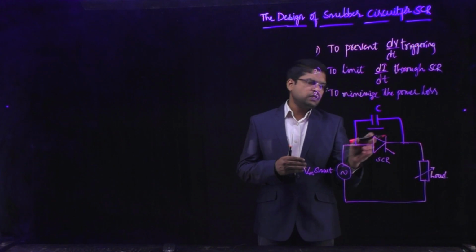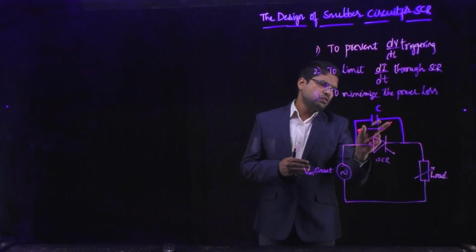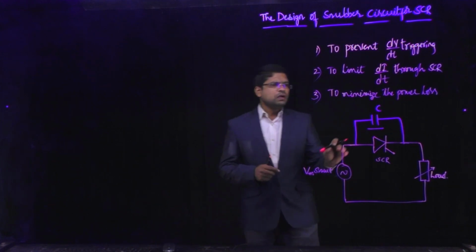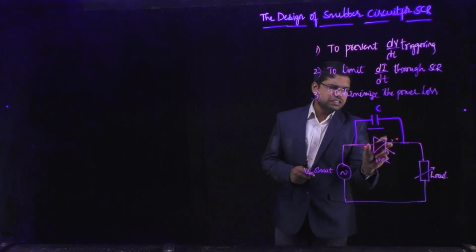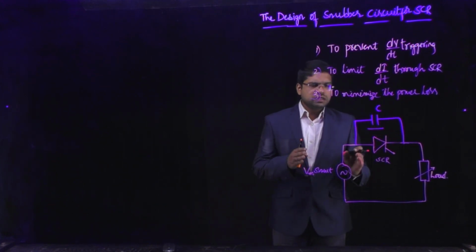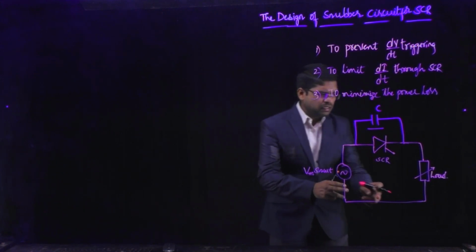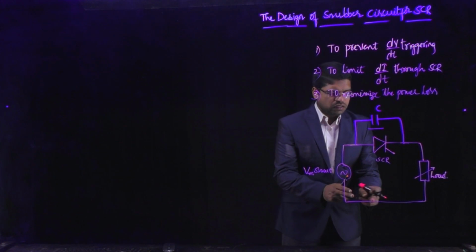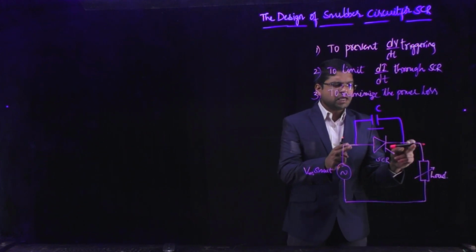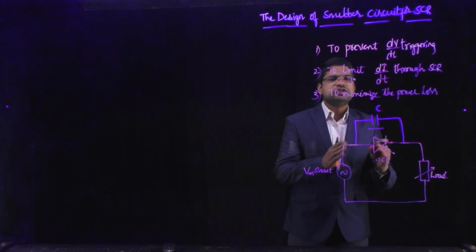So voltage is common to these two branches. By connecting this capacitor in parallel with the SCR, we can conclude one point: at the initial stage, the sudden change of voltage across SCR is made 0, right?